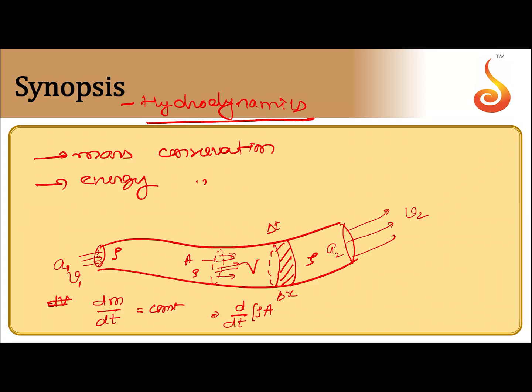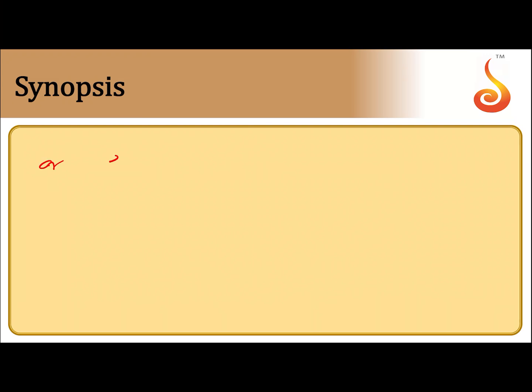So I'm going to write it as rho A into x is equal to constant, or rho into A into dx divided by dt is equal to constant. This can be calculated over a length as delta x by delta t, or I can write rho A into v is equal to constant, as this delta x by delta t is nothing but velocity.